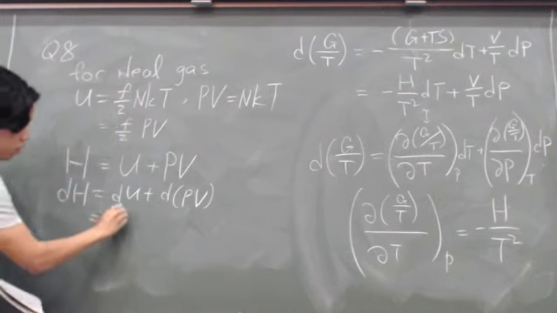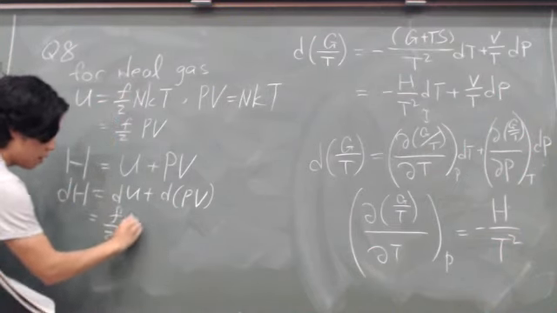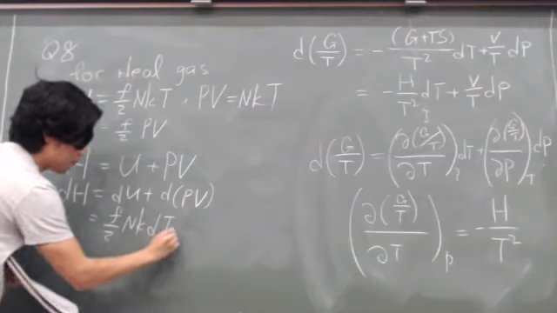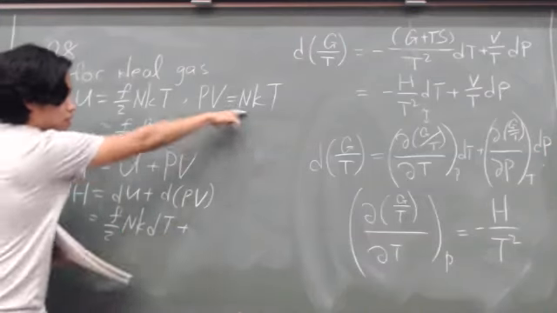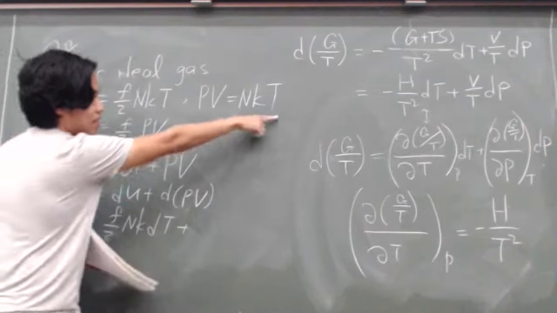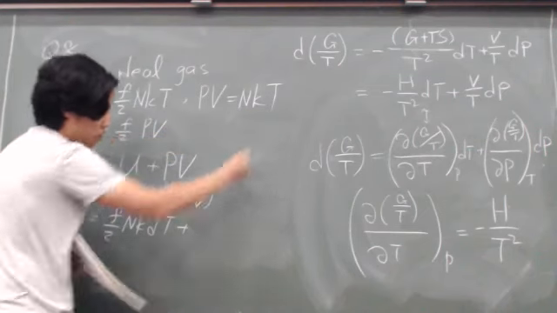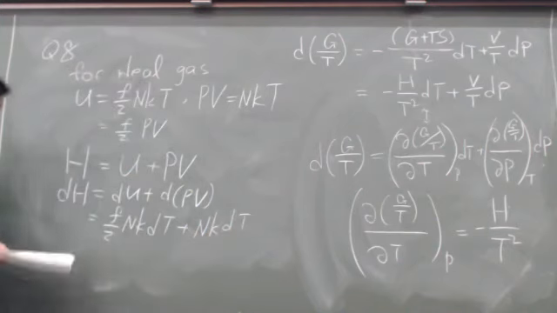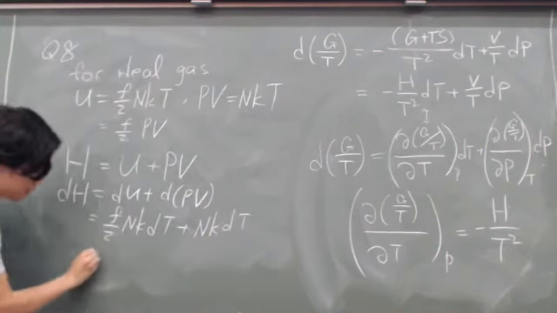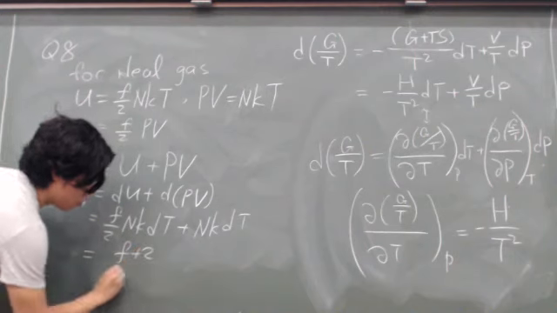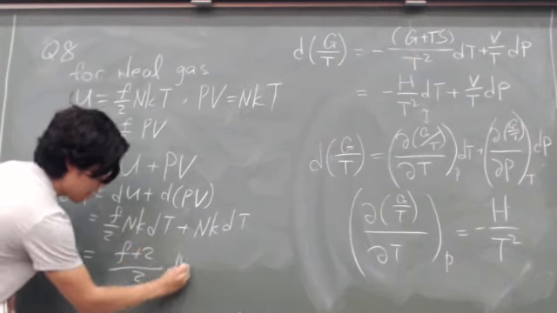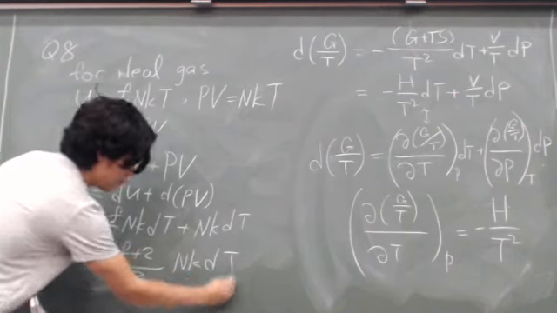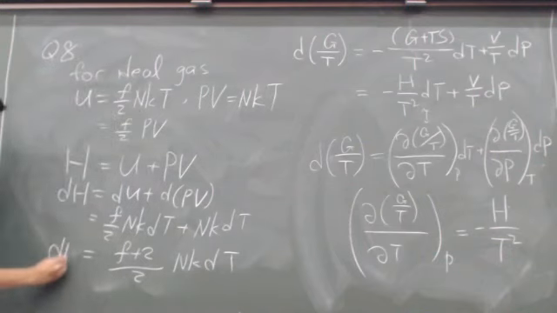So this is just equal to f on 2 Nk dT plus d(PV), which is the same as d(NkT), and again Nk is constant, so just Nk dT. Okay, so then collect the like terms. I get (f plus 2) on 2 Nk dT, and that's my dH.